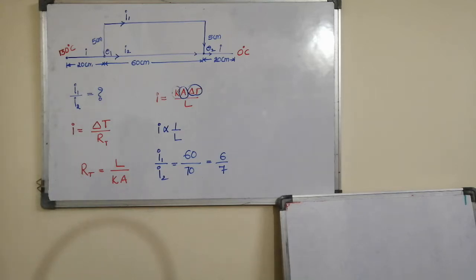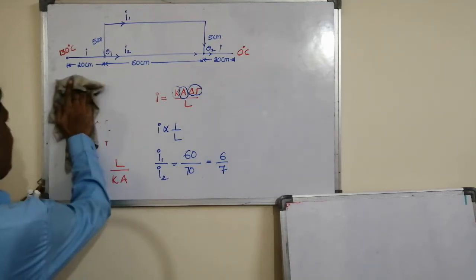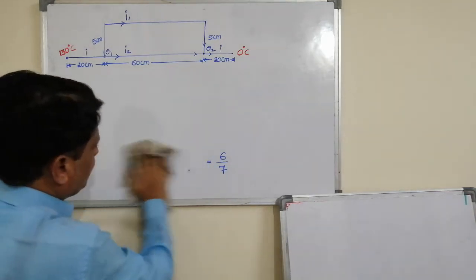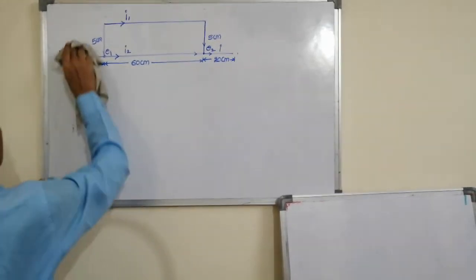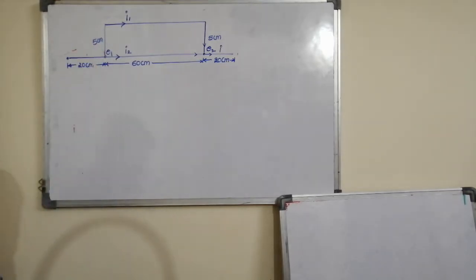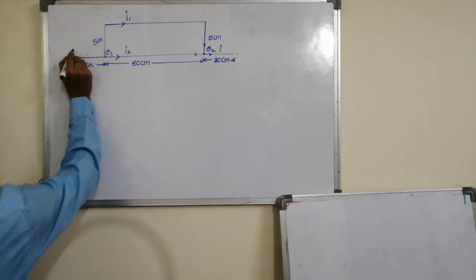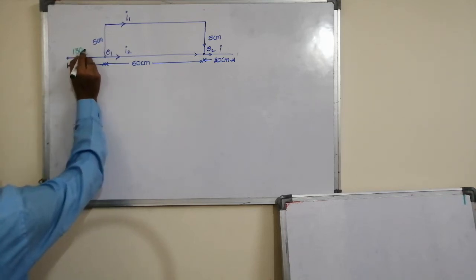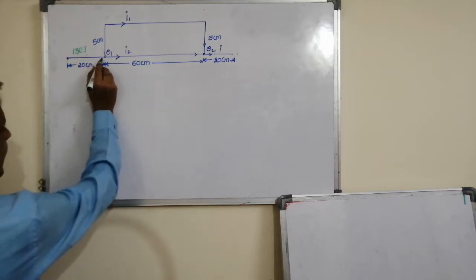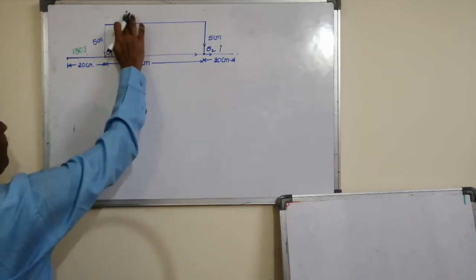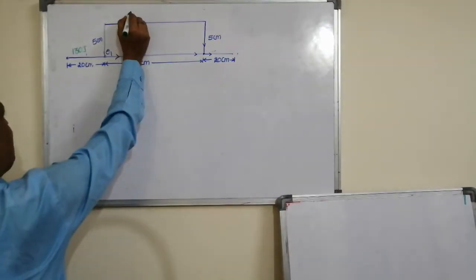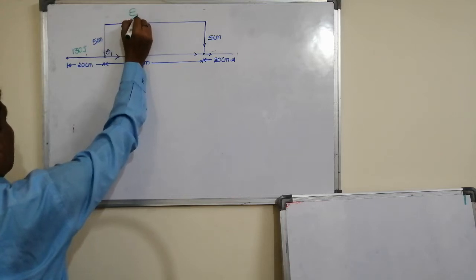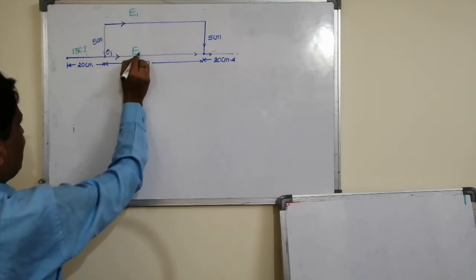Okay, next. Suppose for the same problem, instead of giving this temperature, if they say 130 joule of energy is flowing here, 130 joule of heat energy enters here, it is not the current, then the temperature difference is not given. Then the question is what is the energy flowing in this portion and the energy flowing in this portion.